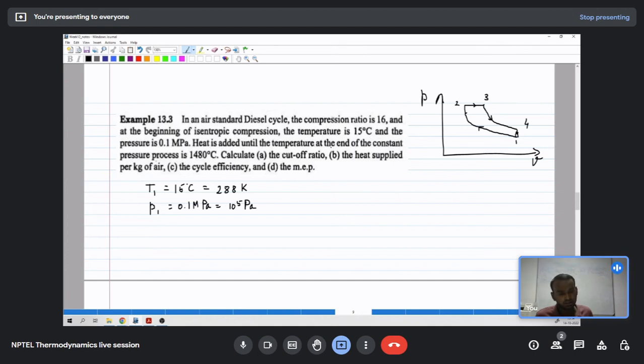Heat is added at constant pressure, and the temperature at the end of the constant pressure process is 1480 degrees Celsius, which is the third state. So T3 is 1480 degrees Celsius, which is 1753 Kelvin. These are the inputs to the problem, and the compression ratio is also given as 16. So V1 by V2 is 16.